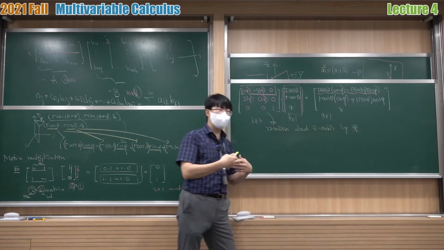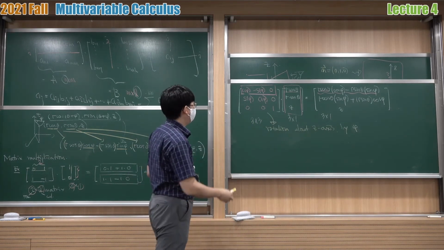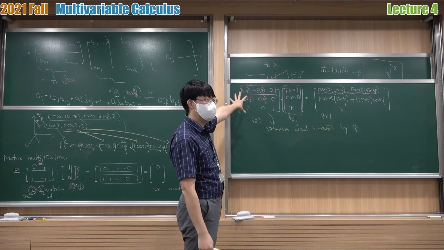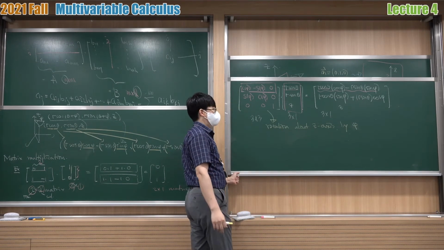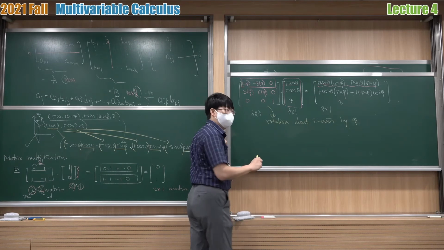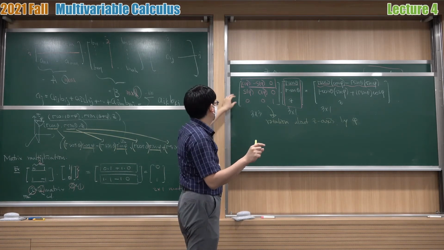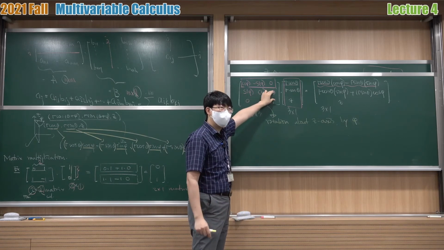What if you want to rotate about the y-axis by phi? Without doing all this again, can you guess what the matrix looks like? The y is represented by the first row, right?